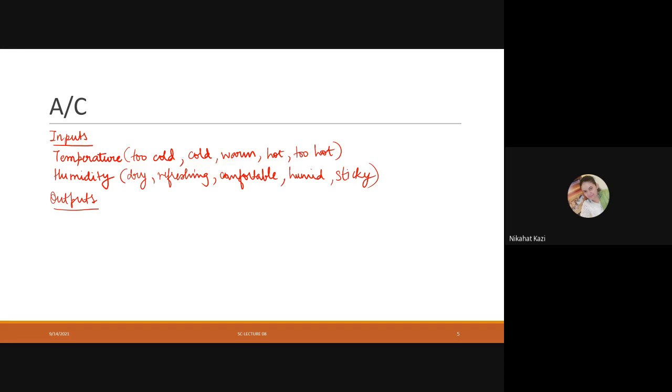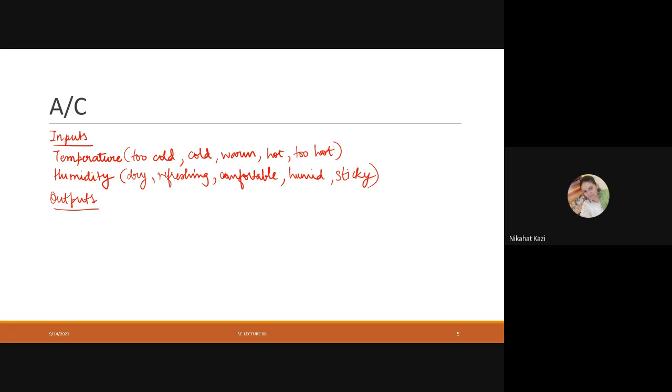Right. Next, what you need to do is the outputs. What will be the outputs for this AC? There could be several such outputs. What you need to do is control the room temperature.